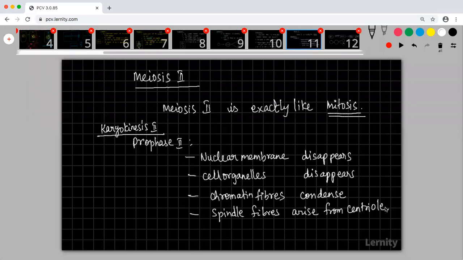Okay, so that is prophase 2. Can we move on?